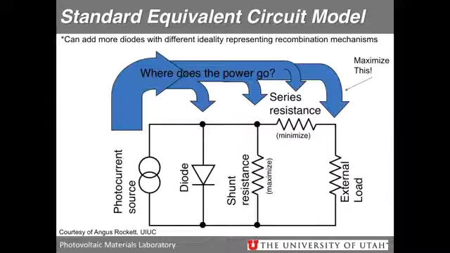Shunting is generally due to pinholes, so you have essentially you're bypassing the diode, and so you have current that is flowing not through the ideal path, not through the external load. You have it shunting through pathways of less resistance. So you want to maximize your shunt resistance so that you're actually flowing all the current through the load, and minimize series resistance so you don't have losses in other parts of your device.